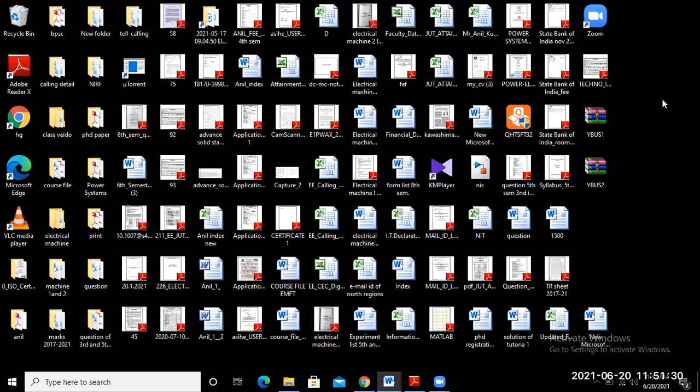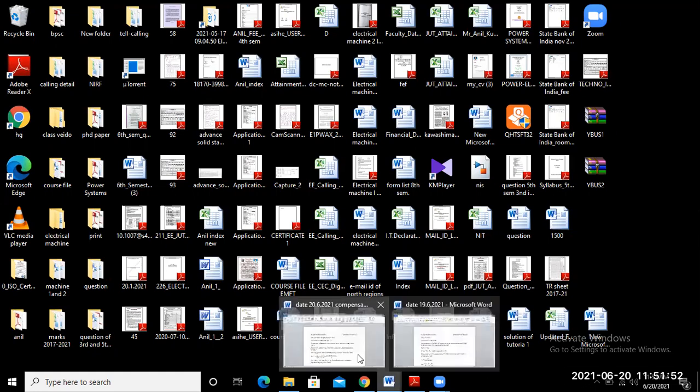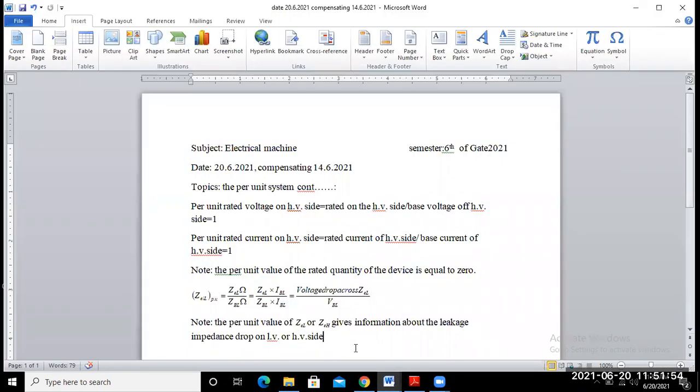Similarly, the per unit resistance, reactance and impedance is equal to the actual value of the high voltage side resistance, reactance and impedance divided by the base value of the HV side. So we can find the per unit resistance, reactance and impedance on the HV side.